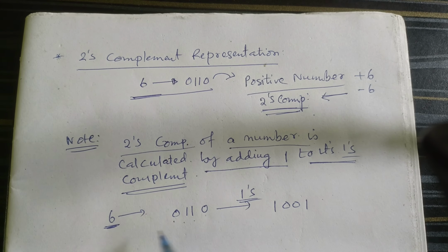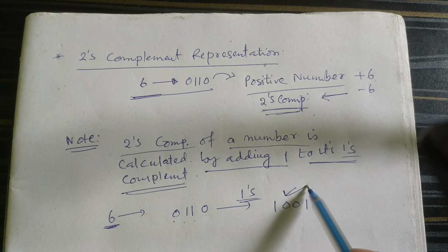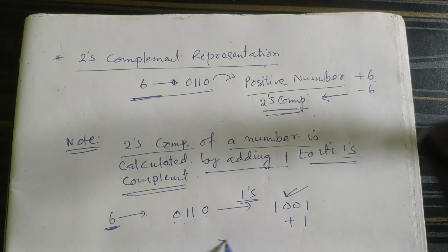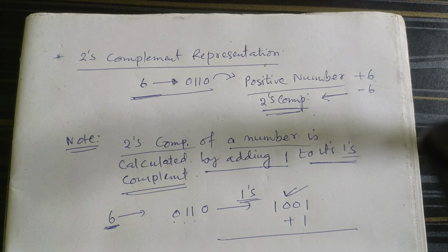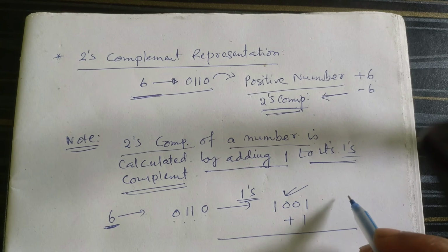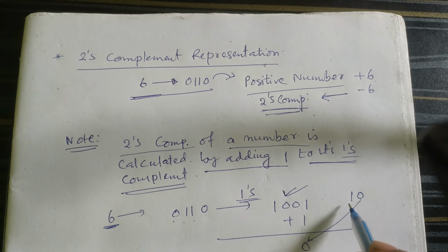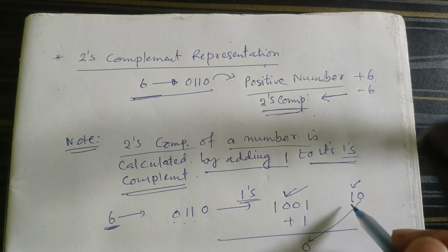So the one's complement of 6 will be this one, and after that if you want to convert it into the 2's complement, then you have to add +1 like this way. Then 1 plus 1 will be 10. So I'll give here 0. Now this 1 will be carried forward.